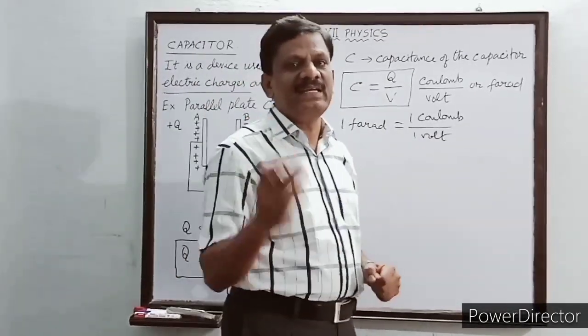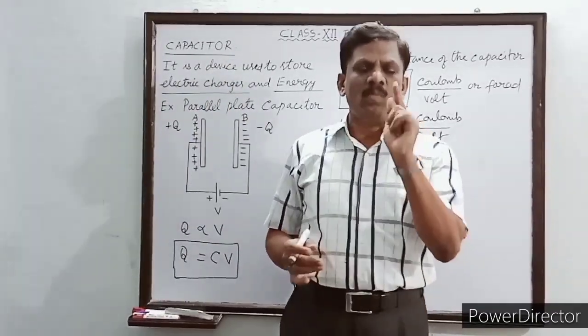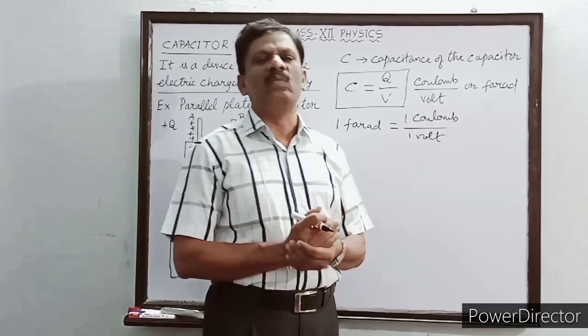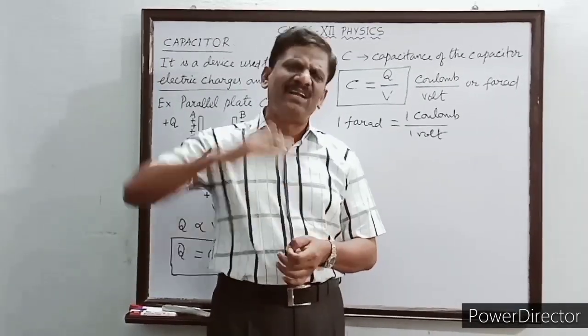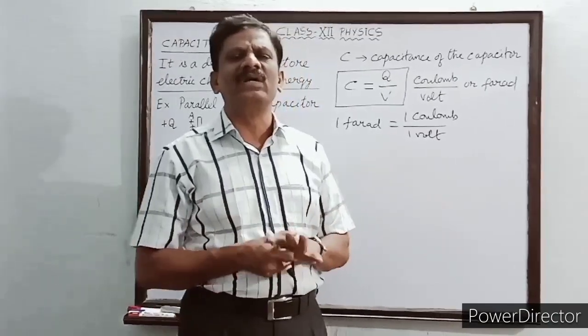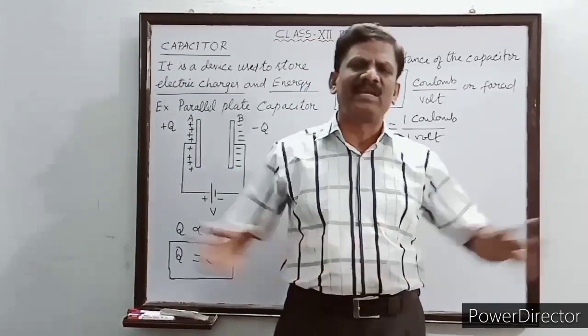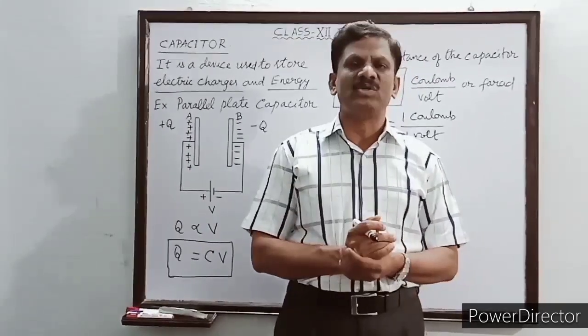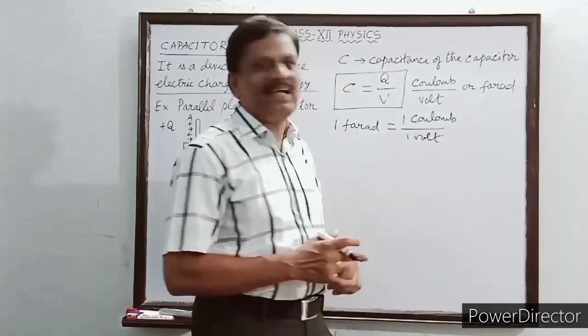But farad is a very large unit, though 1 is a small number. When I say the capacitance is 1 farad, it is a very large capacitance. If you want to design such a capacitor, the plate size would have to increase to several meters to kilometers to hold 1 farad.